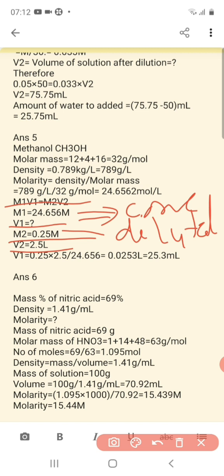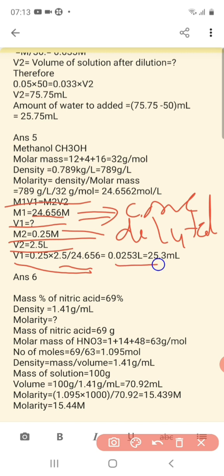So on substituting these values, we get V1 is equal to M2 multiplied by V2, that is 0.25 multiplied by 2.5 liter, divided by molarity M1 that is 24.656 moles per liter.